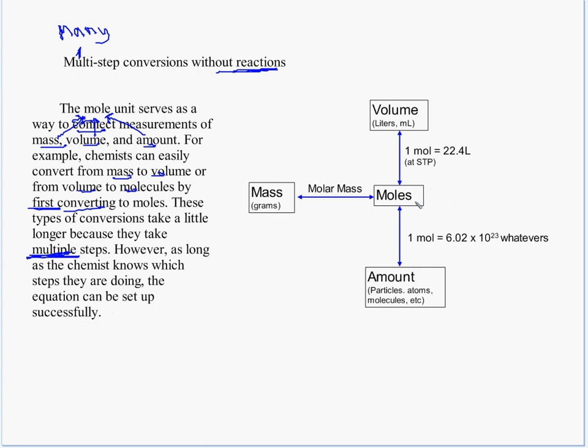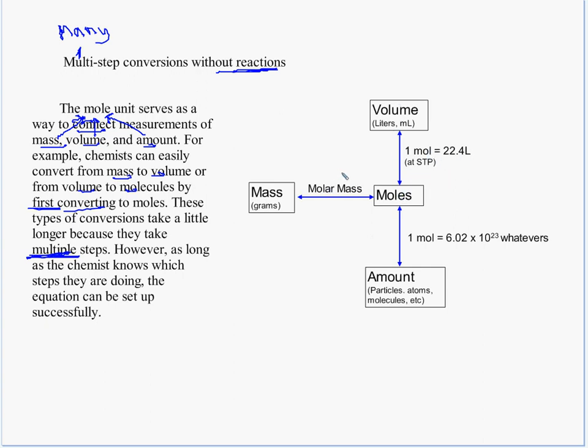So what's this figure say? We got moles at the center. Moles and mass is molar mass. So going from mass to moles or moles to mass, you use molar mass. Volume is 1 mole equals 22.4 liters. Back and forth, you use this.